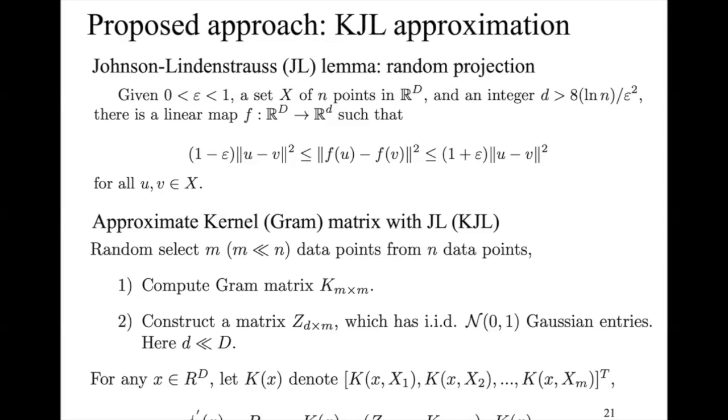If we don't do any projections, the gram matrix is in high dimension, and doing something in high dimensions is usually time consuming. So that's what we want to avoid.